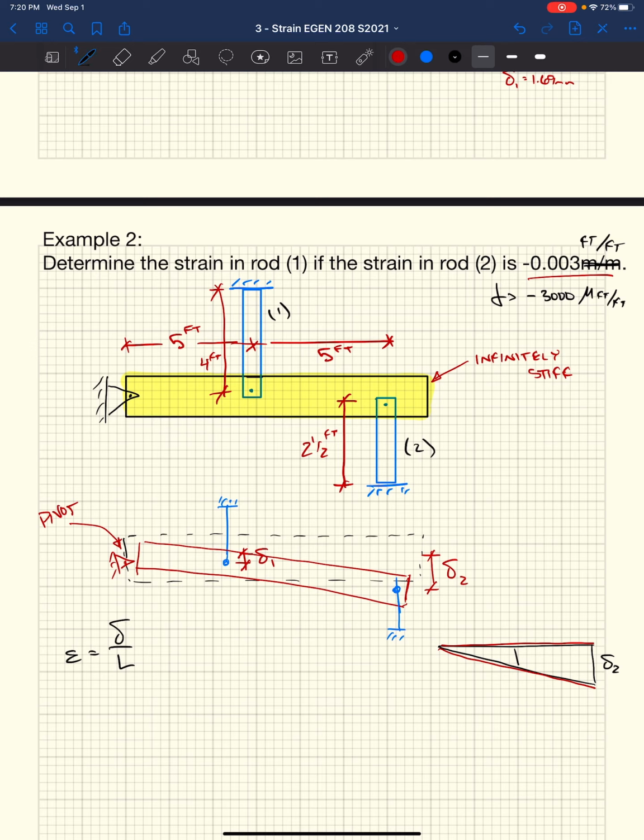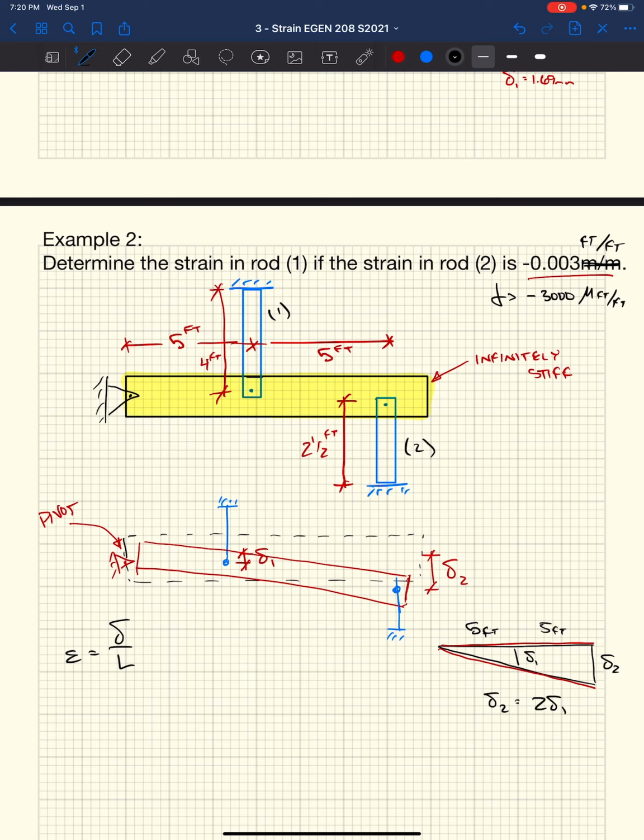As it rotates downward, we're going to have delta 1. We know some dimensions from up above. We have 5 feet. We have 5 feet. Well, if we look at similar triangles, similar triangles will tell us that delta 2 is 2 times delta 1.